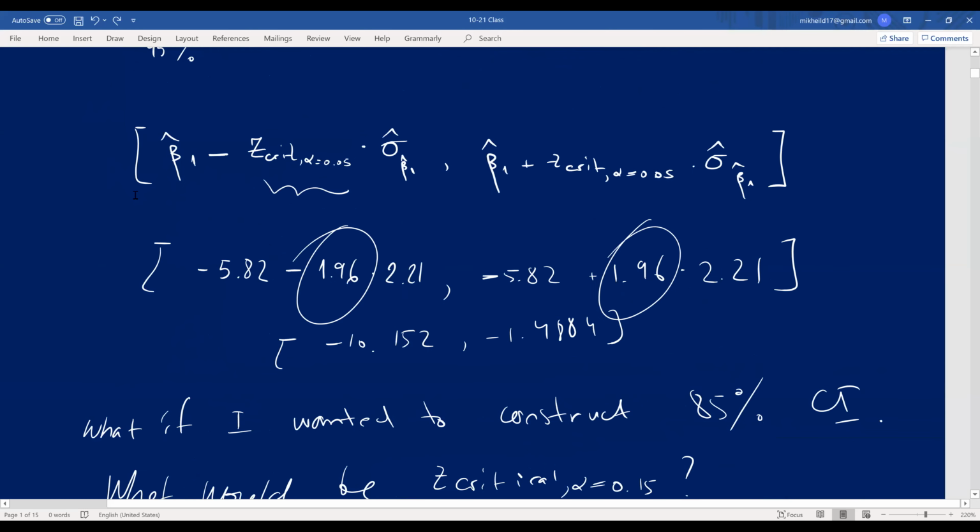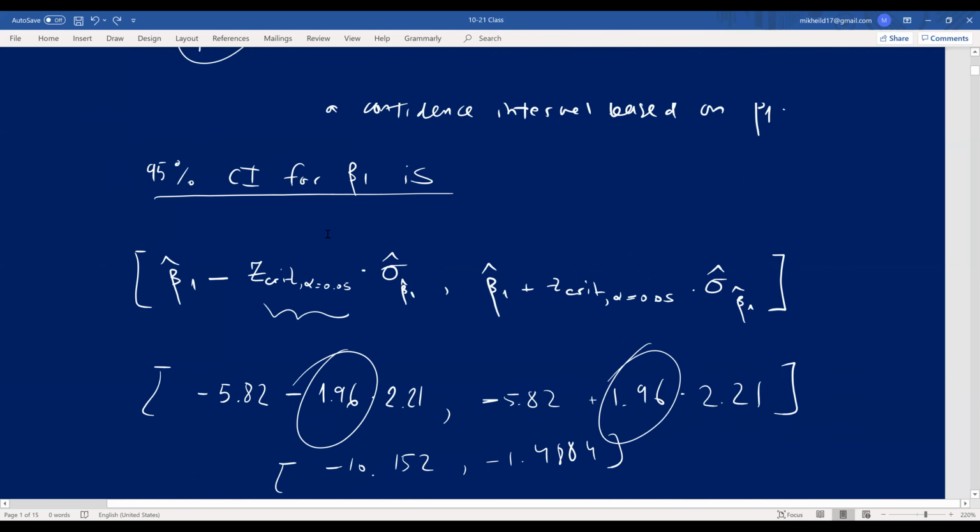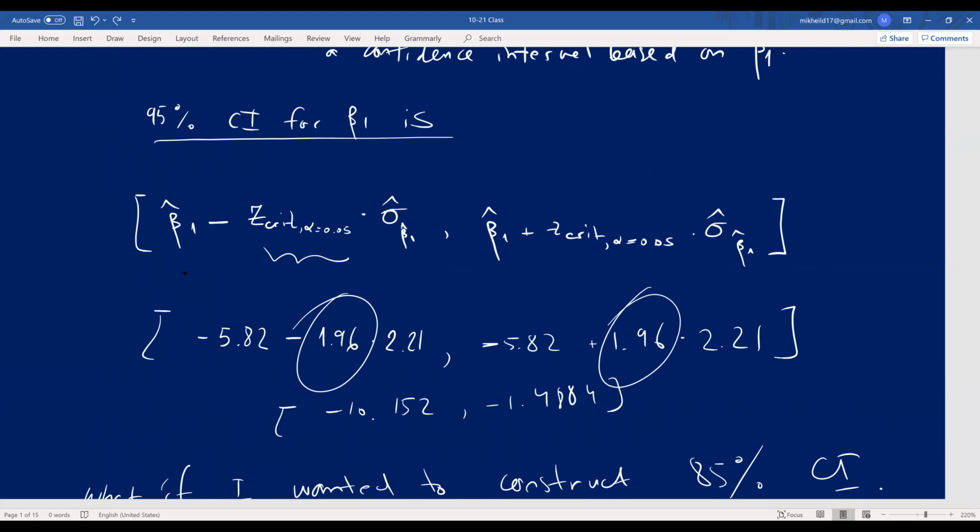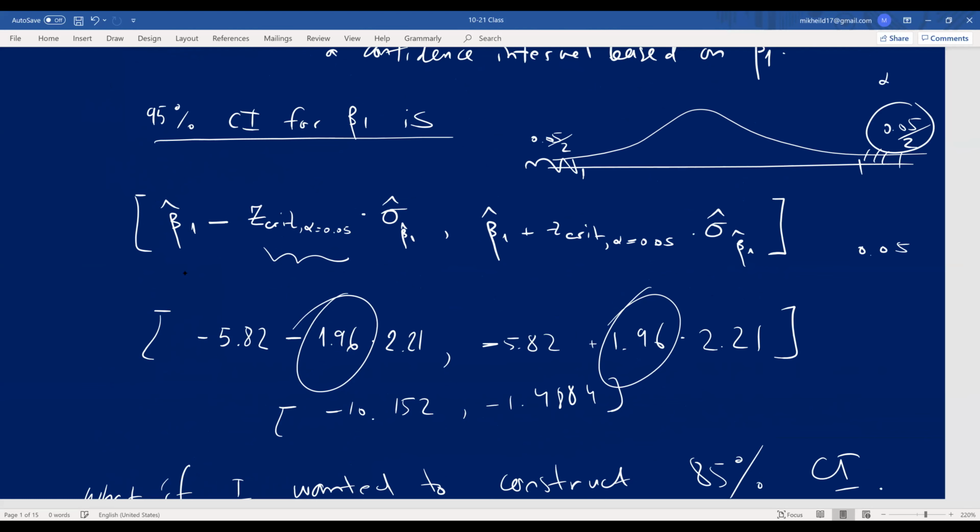No, I did. So this 1.96, guys, is a conventional number. When I say 1.96, in that case alpha is 0.05, but that means that here you have 0.05 divided by 2, and on that side you have 0.05 divided by 2. This is alpha over 2, guys.